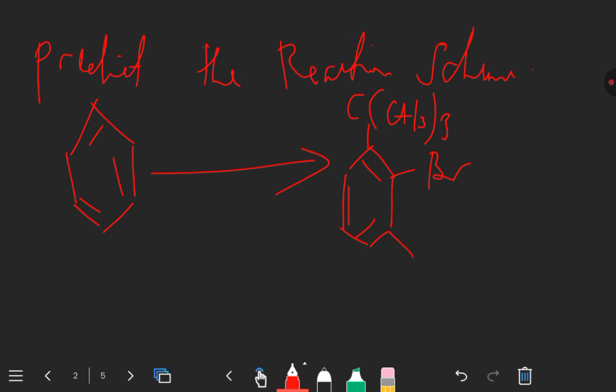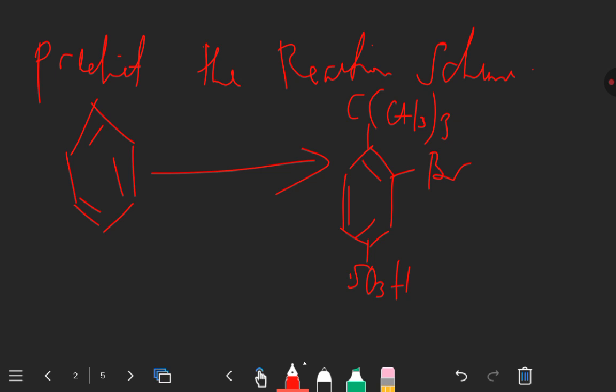So this is just a question from a tutorial sheet. Then we have SO3H. So we are asked to predict the reaction mechanism. So from benzene, how are you able to form this product? So we are trying to plan what should we use as reagent, under which conditions, so that this reaction is successful. So let's get into it.